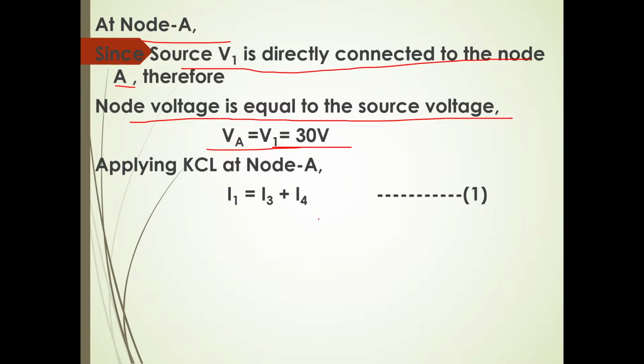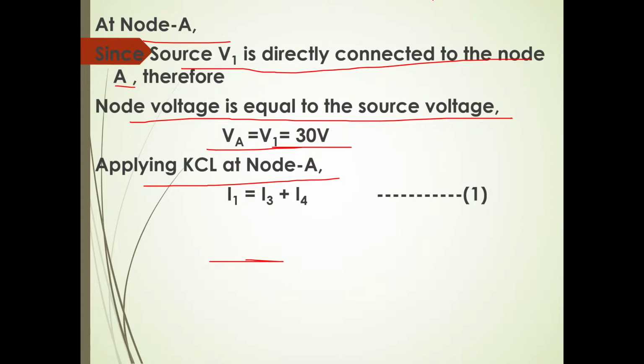Now, based on the current directions that I have assumed, one current, I1, is entering, and I3 and I4 are leaving. Depending on which direction current is flowing, you either add or subtract them. I3 and I4 are leaving currents, meaning their direction is the same. The sum of leaving currents should be equal to the sum of entering currents.